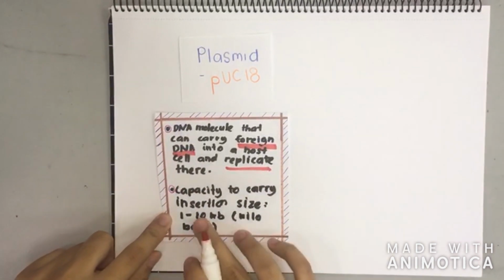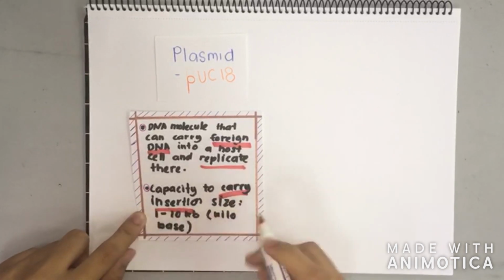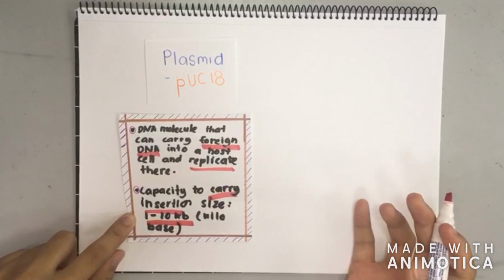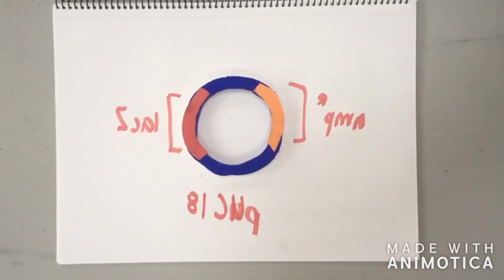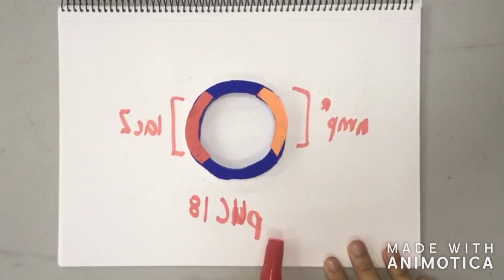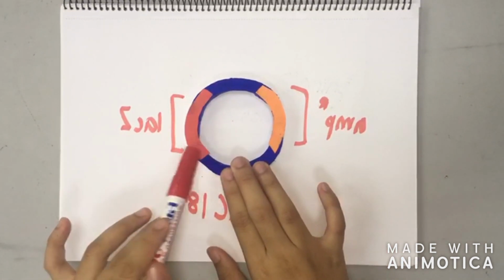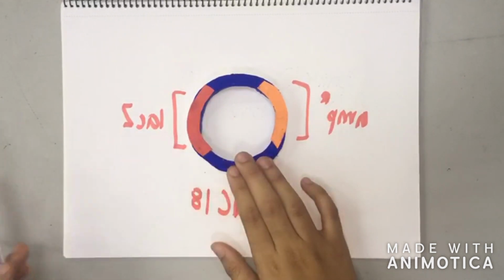The second characteristic is the capacity to carry an insert size, which is 1 to 10 kilobases. For example, in the structure of pUC18, this one is lacZ, and the opposite one is ampicillin resistance.